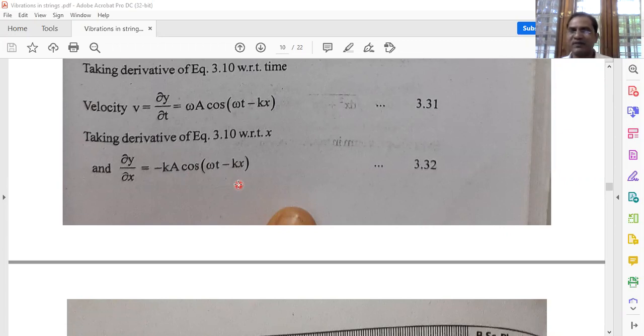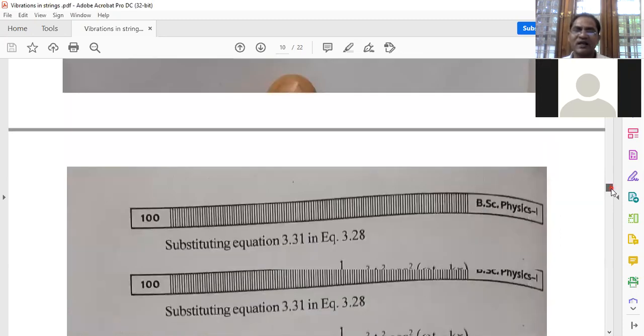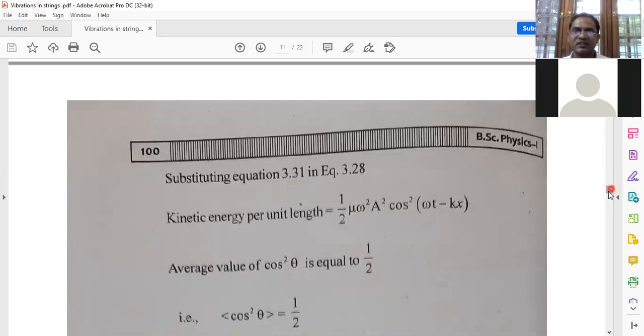In the previous equation, the energy density has the (∂y/∂t)² term and the (∂y/∂x)² term. Hence, for that purpose, we are writing the expressions for ∂y/∂t and ∂y/∂x. Now substitute these two values in the previous expression.